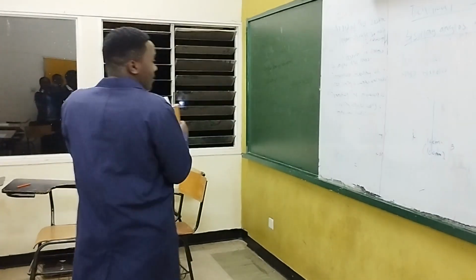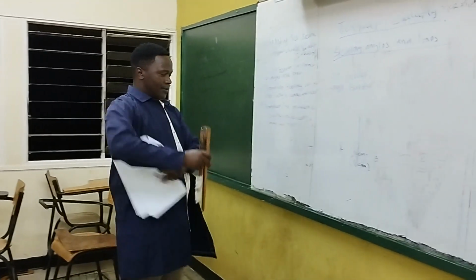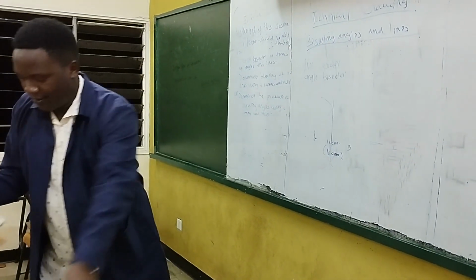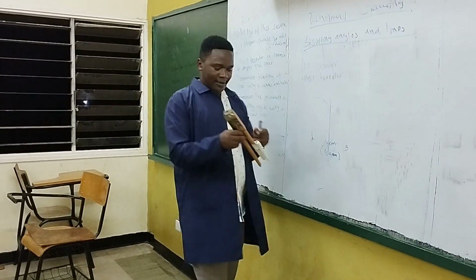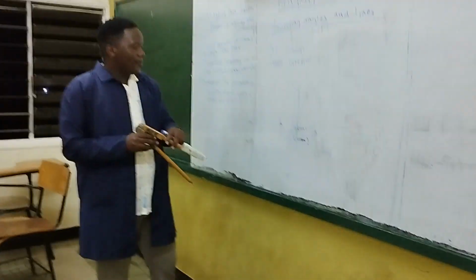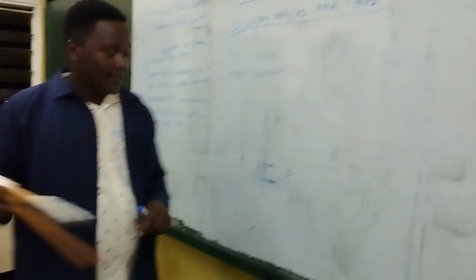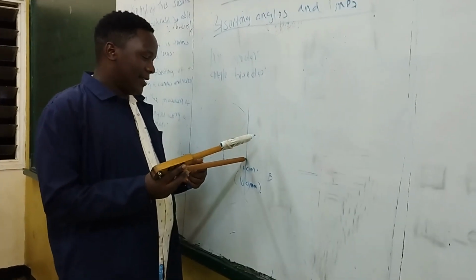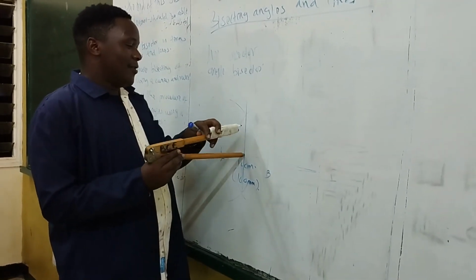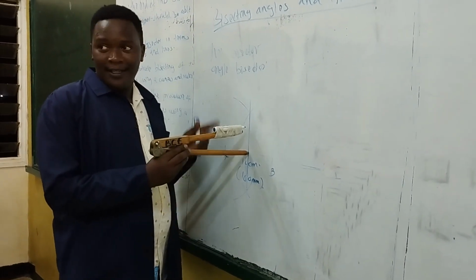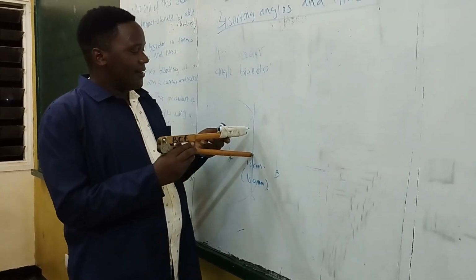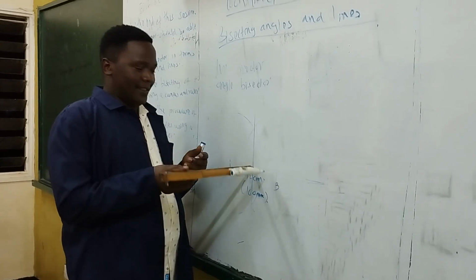When you want to bisect an angle, let's say we have this 90 degrees angle, you push your compass at the center of the vertex and open it more than half the distance of that line. More than half the distance.